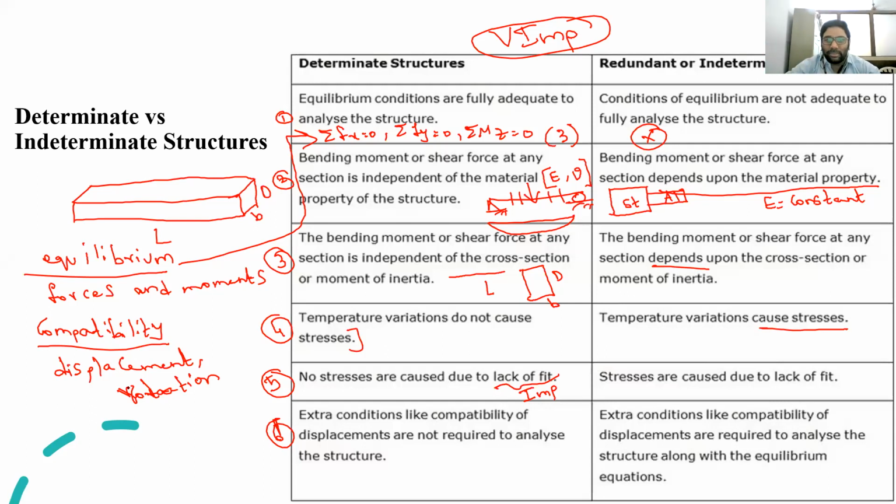Now, remember, one beautiful concept is coming. If the displacement or rotation under compatibility conditions are less than the maximum, or if the forces, moments, and stresses are less than the permissible stress under equilibrium conditions, that concept is called theories of failure, which you will be studying in Strength of Materials 2, Unit 1.